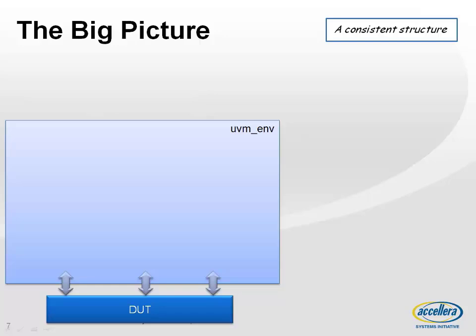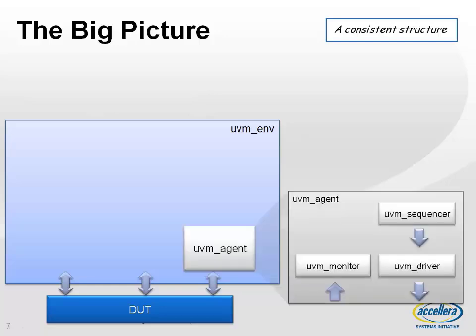What we're going to do within our UVM environment is create an agent, a UVM agent, one of the reusable verification components, one agent for each interface on the design under test. And the agent itself has a standard structure. An agent consists of a sequencer, a driver, and a monitor. We'll see sequencers, drivers, and monitors referred to a lot throughout the next 3 hours.